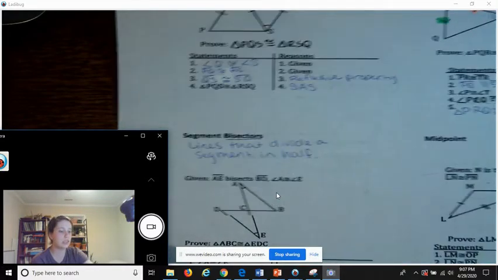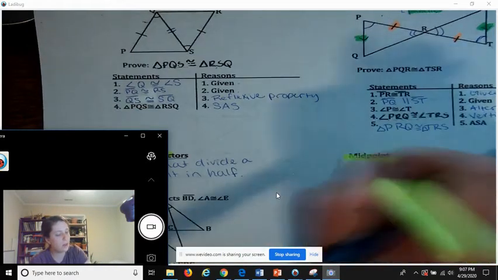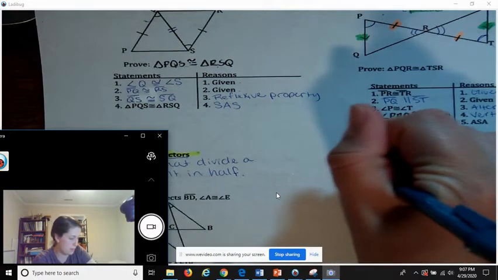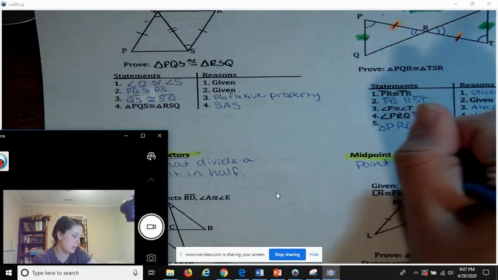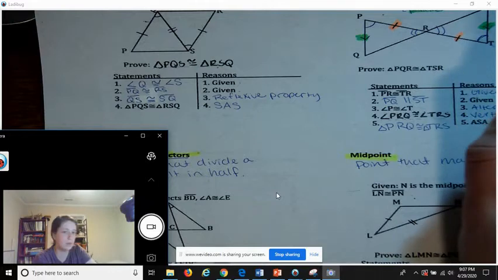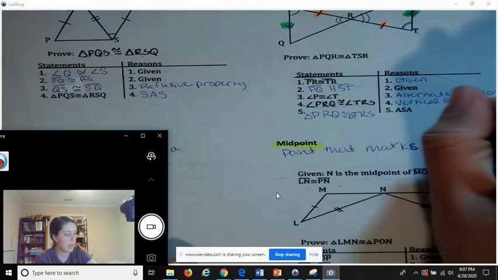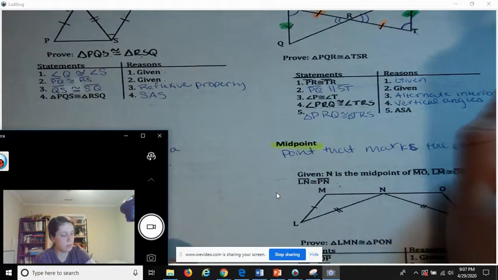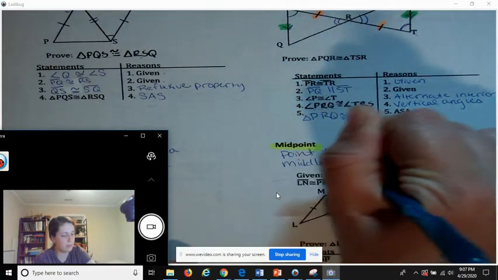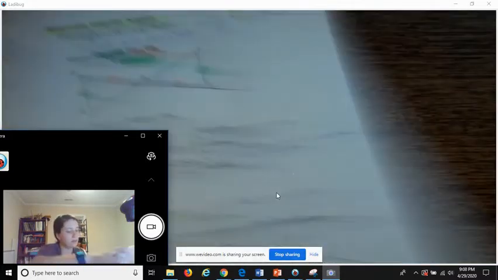And then let's go ahead and talk about, so I'm going to highlight all the vocabulary yellow. A midpoint is a point that marks the exact middle of a line.